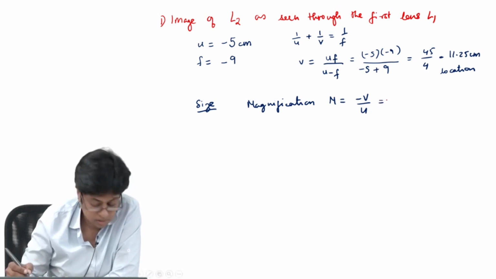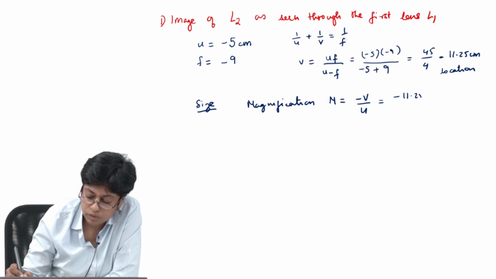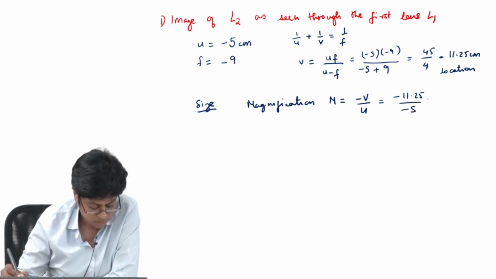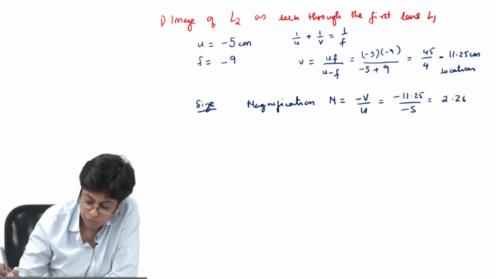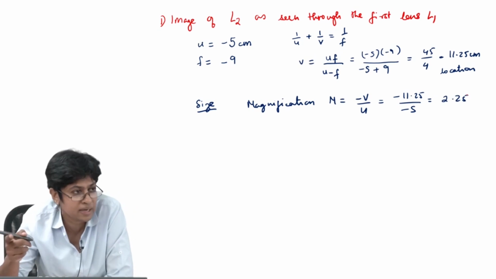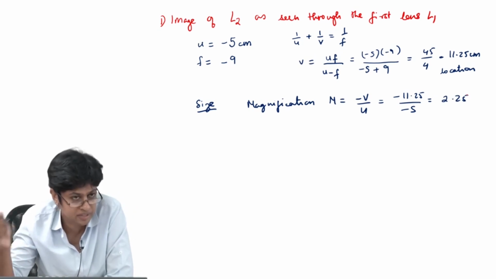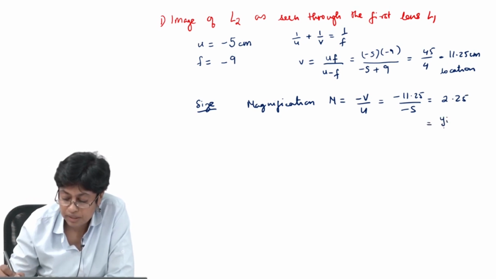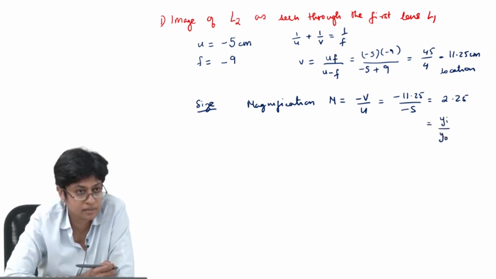So, this is minus 11.25, the object distance was minus 5, and so this becomes 2.25. We know it's magnified, now we know exactly how much it's magnified by, 2.25 times. This is equal to the image height by the object height.